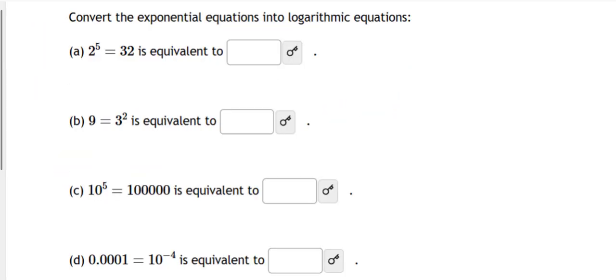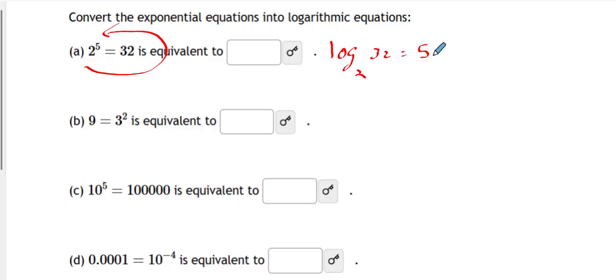All right, so now we've got a bunch of them to convert. So this is going to be log base 2 of 32 is equal to 5. If you look at this one, it kind of makes sense. The exponential is 2 to the 5th is equal to 32. The log and exponential are inverses of one another.